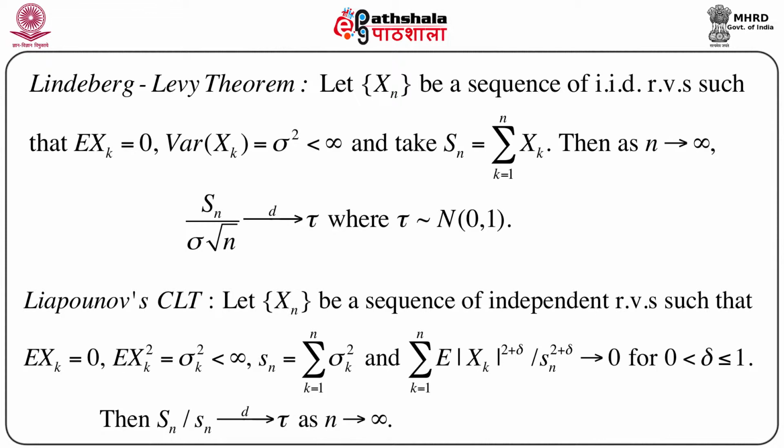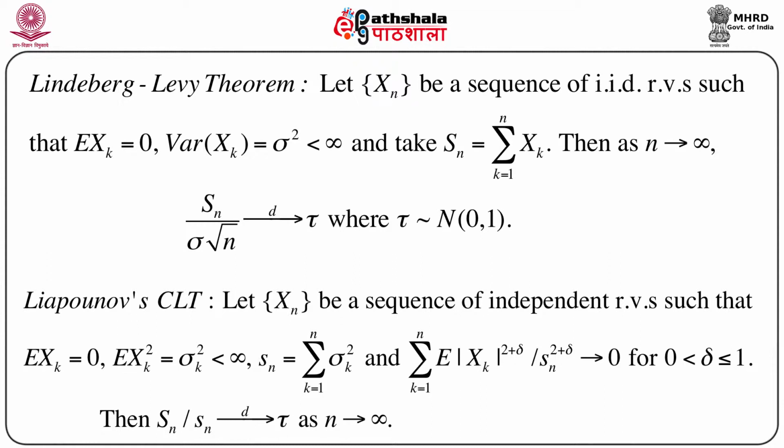Now if we relax the condition that the random variables are identically distributed, we get another CLT, due to Lyapunov, known as Lyapunov's central limit theorem. The statement is as follows: let Xn be a sequence of independent random variables, but not necessarily identical, such that the expectation of Xk equals 0 and the expectation of Xk squared equals sigma k squared, which is less than infinity.